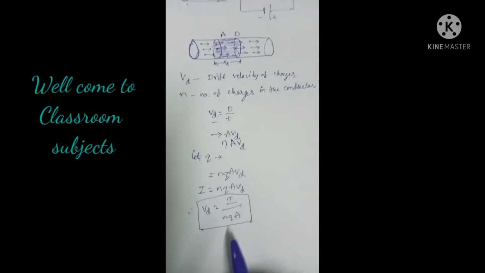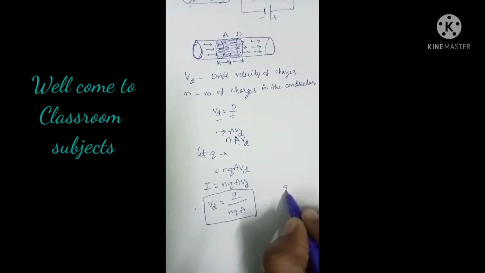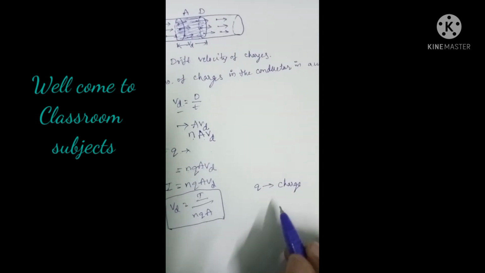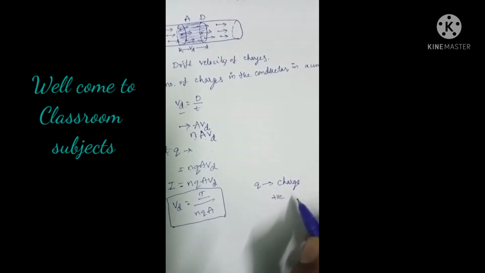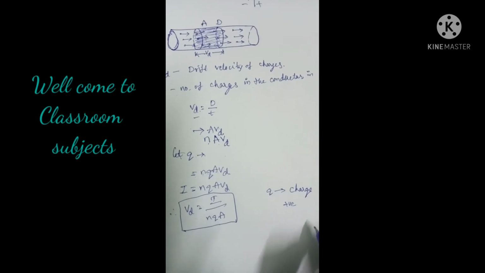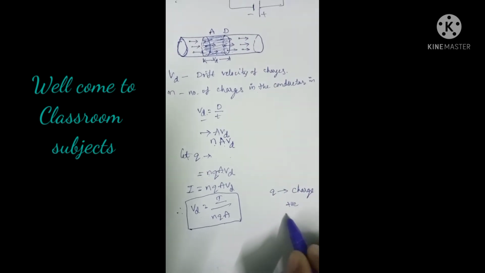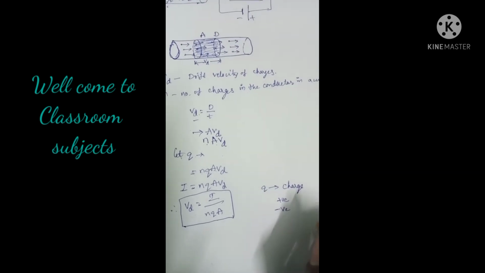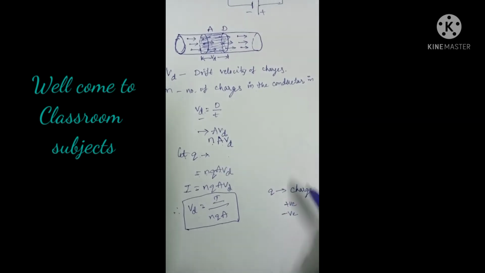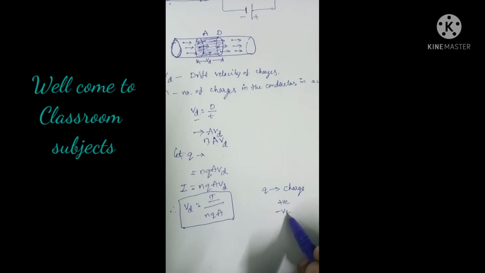In this equation, Q is the charge of each carrier. If the charge is positive, then the charges will move in the direction of flow of current. If the charge is negative, those charge carriers will move in the direction opposite to the flow of current.